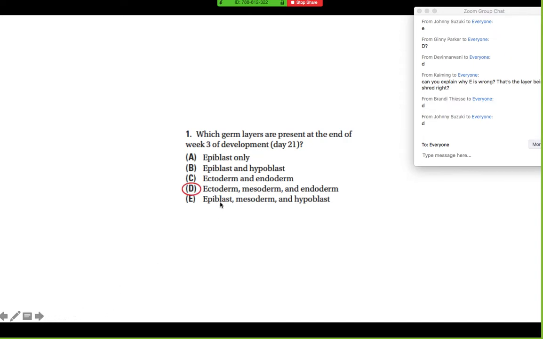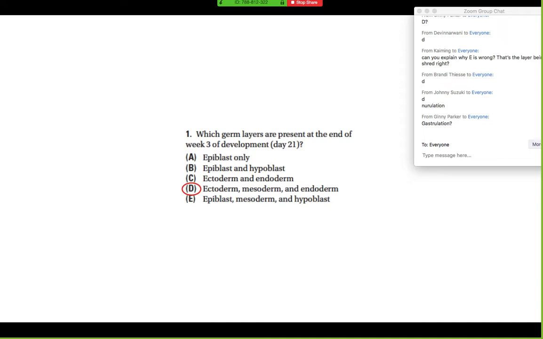Right, so the correct answer is D, ectoderm, mesoderm, and endoderm. And what do we call this process? Gastrulation, that's right. Okay, let's go back here.